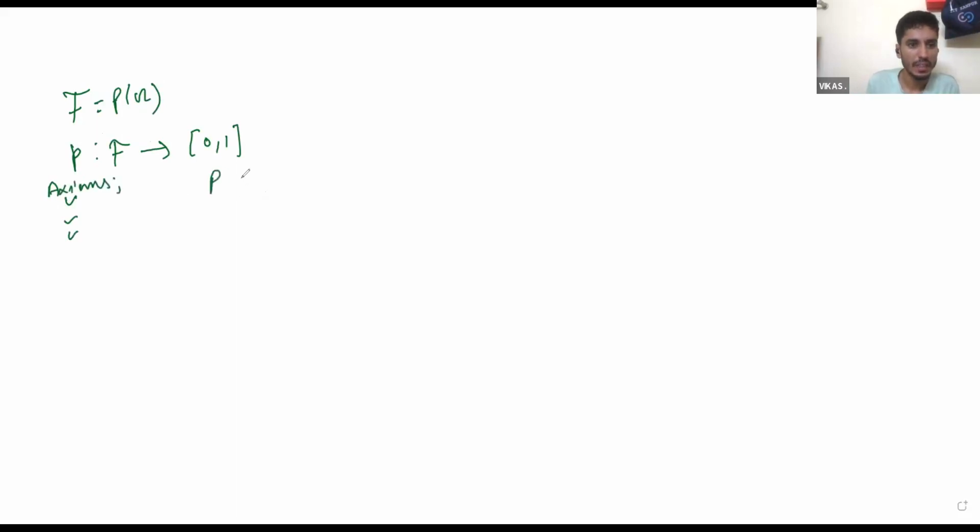We have done some properties as well. Probability of phi is 0, and if there are disjoint events E_i, where i belongs to the natural numbers, finite or countably infinite, then, and this is an important property, the probability of the union of the E_i is the sum of the probabilities of E_i.